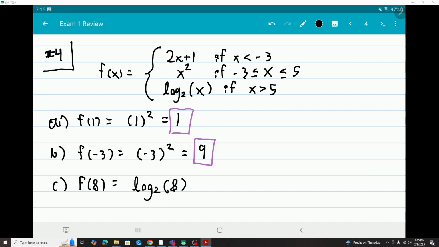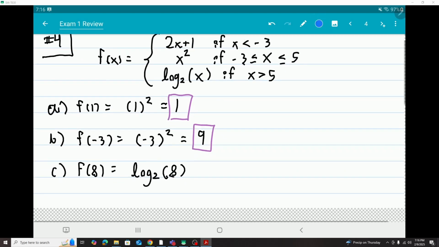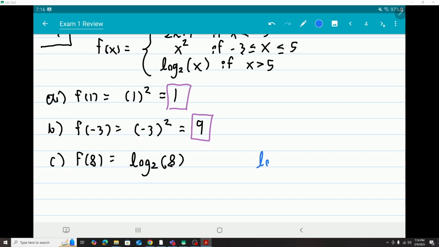And now I hit another section in here. We have to remember how a log works. So one thing you can do is convert to exponential form. So log base 2 of x equals y if and only if 2 to the y is equal to x.